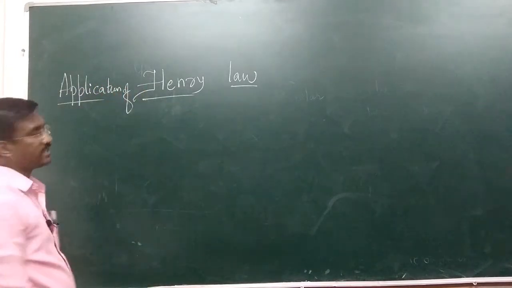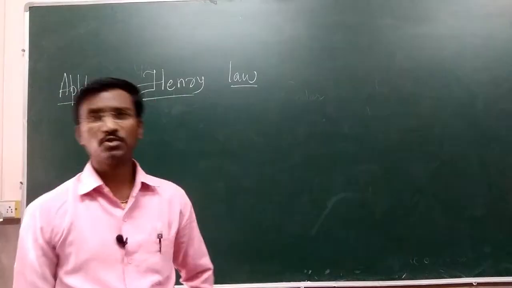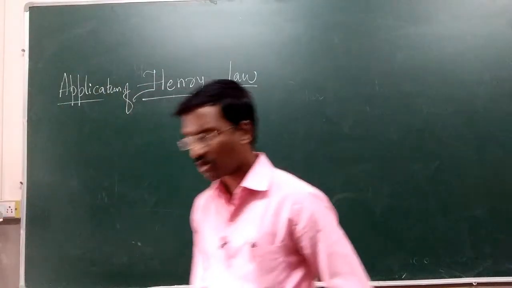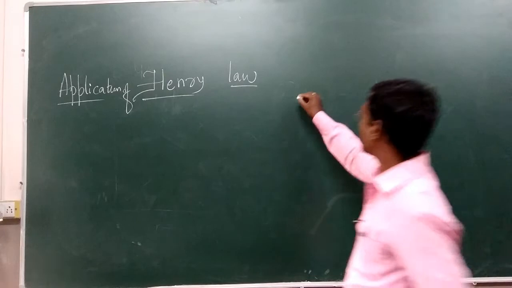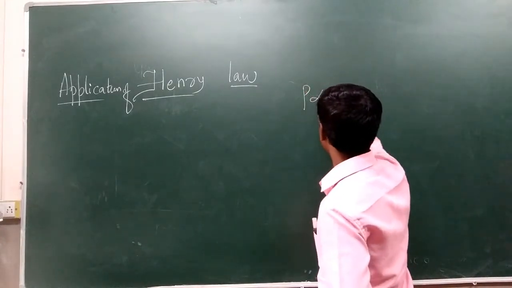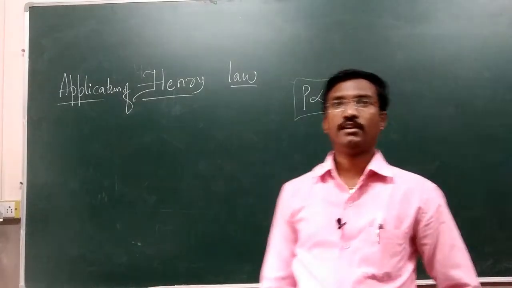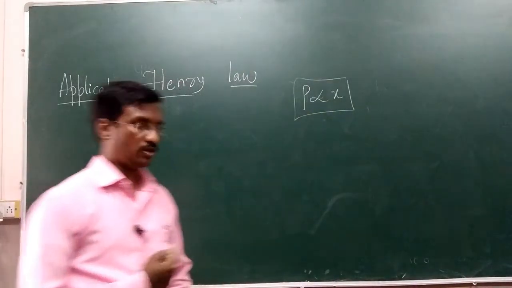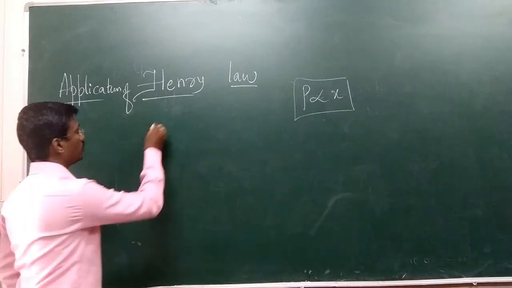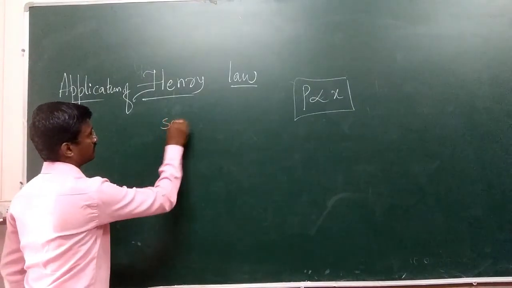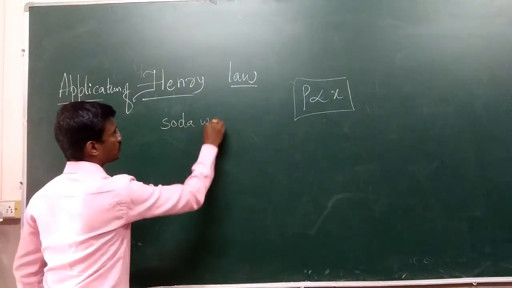So what he is going to explain is, we are not moving away from this: partial pressure is directly proportional to the mole fraction of solute in a solution. So if we want to produce soda water, what is soda water?